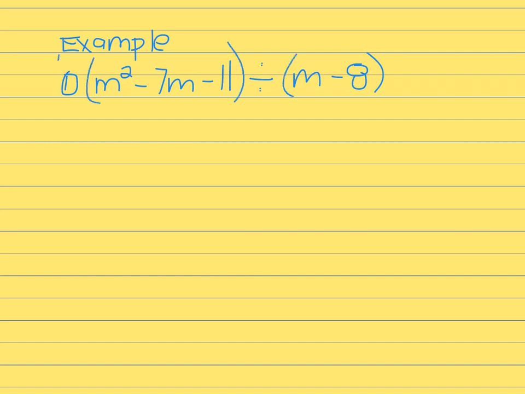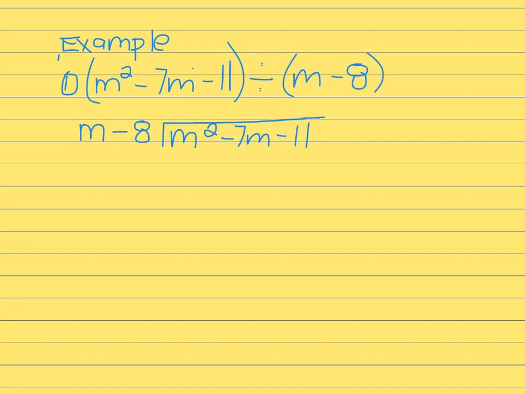So this whole thing divided by this whole thing. First of all, we have to check, is it in standard form? We have m to the second, m to the first, and m to the 0, so they're in descending order, and all the terms are there, 2, 1, 0, and then m minus 8 is in standard form as well. So I did not have to do anything to that before I can divide. And now I'm just going to write it as a typical division problem.